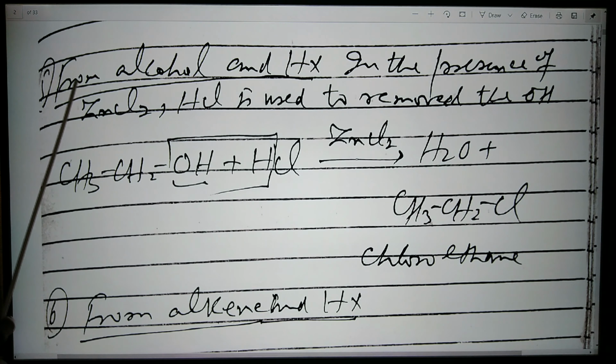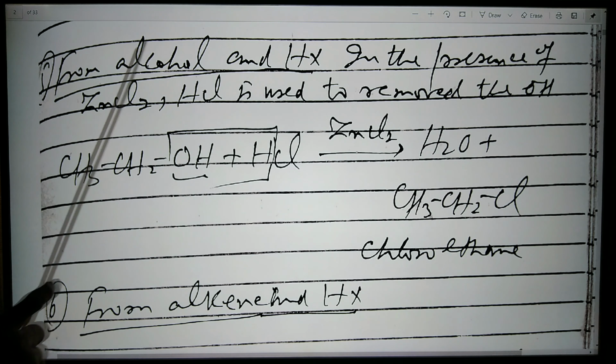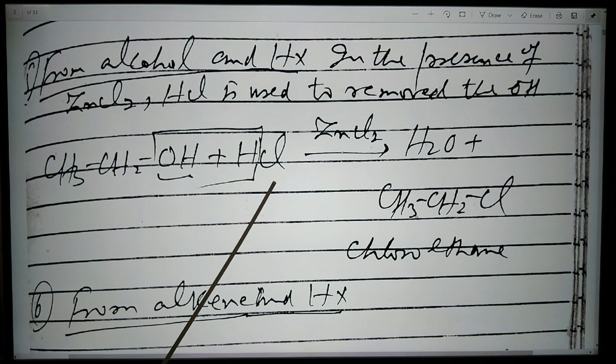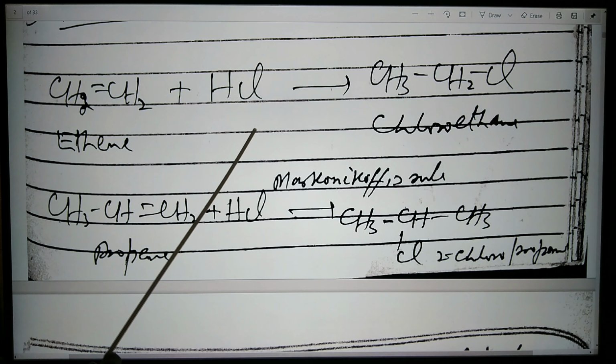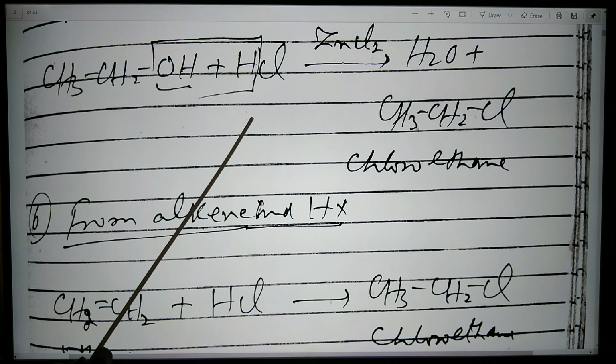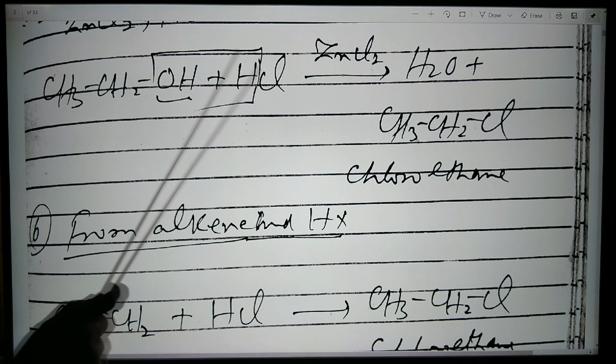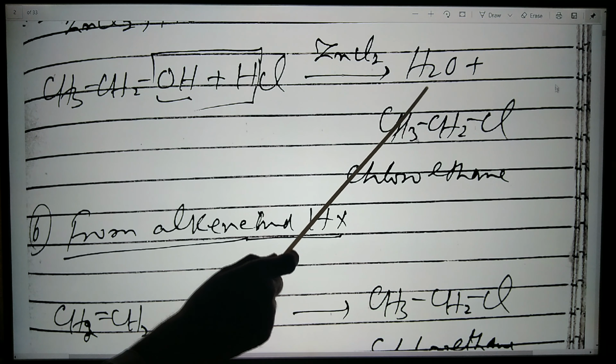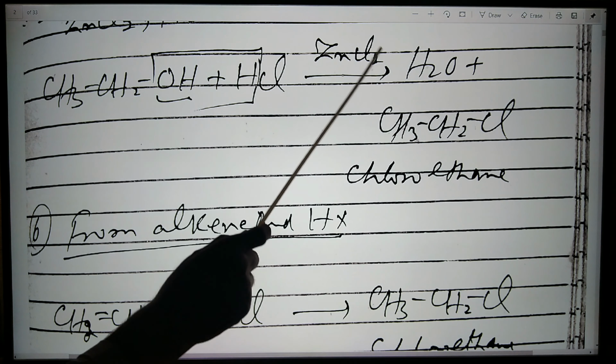Now the next method, the fifth one, is from alcohol and HX, where HX is the halogen acid. For example, if we consider HCl, in this case the ethanol reacts with HCl, this OH reacts with hydrogen to form H2O in the presence of zinc chloride.